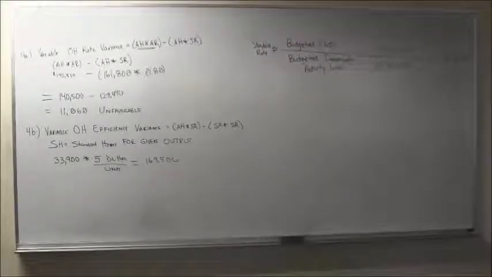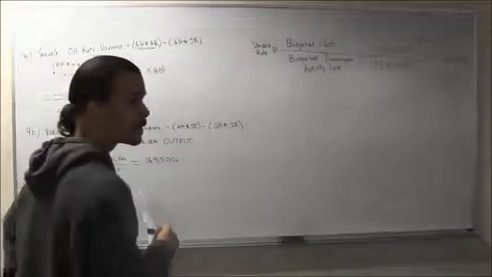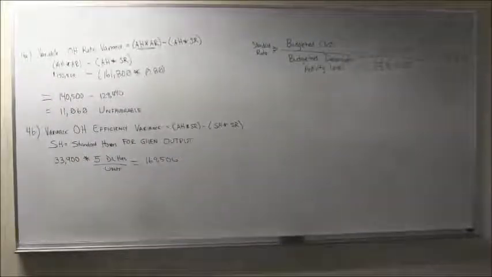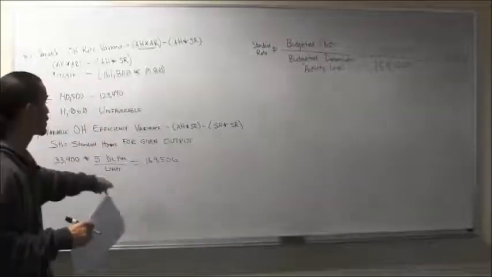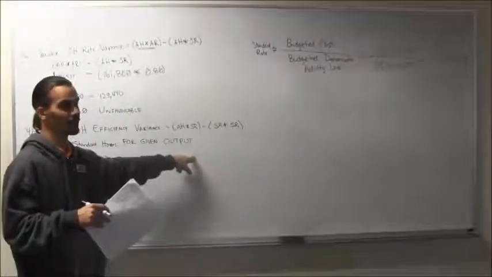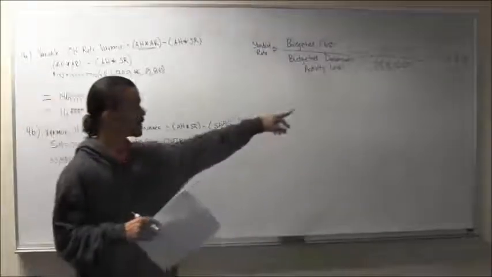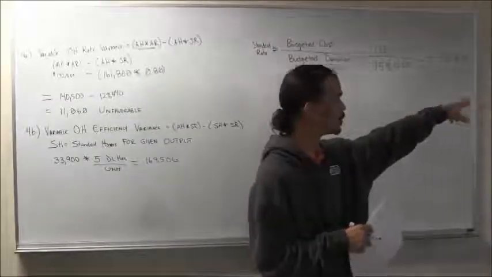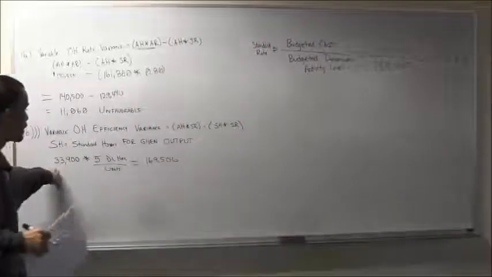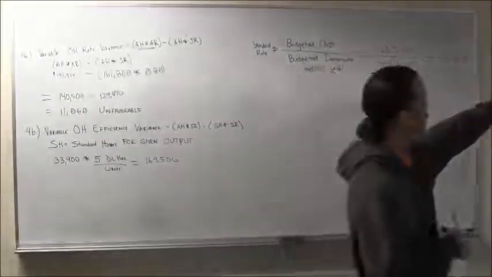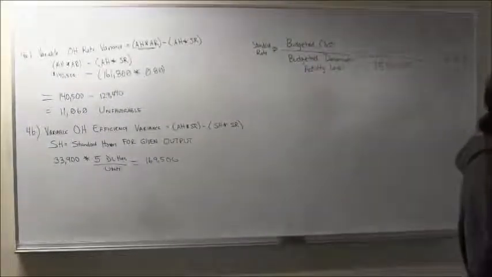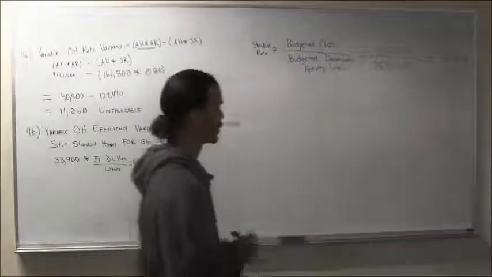Is everybody following along how we got this? With these standard hours that you have to calculate, it has to be based on your given output. That's the actual number you produced, 33,900, and you multiply that times your standard direct labor per unit.